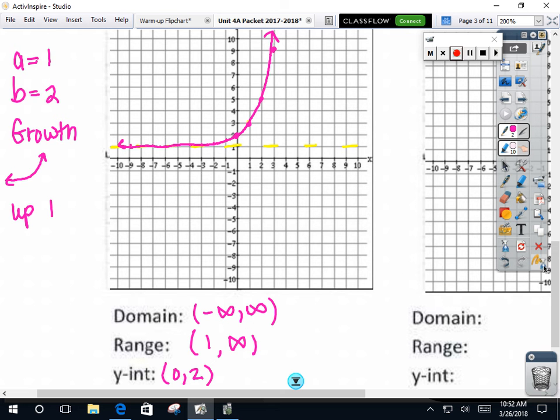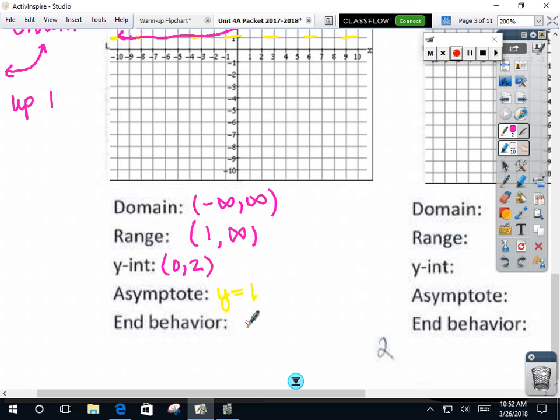Infinity. Okay, and then for end behavior, as you go to the left side of the curve, the y values are all approaching 1. The asymptote's at 1, and on the left side you're approaching the asymptote. As you go to the right side, the y values are all approaching infinity.